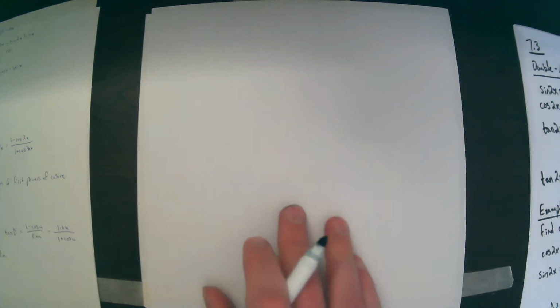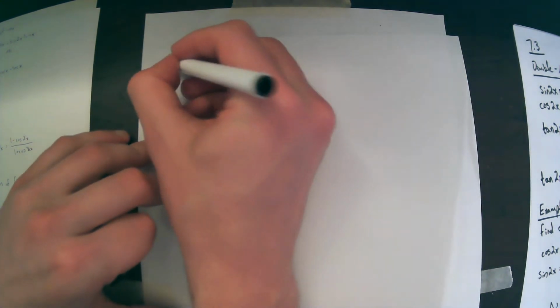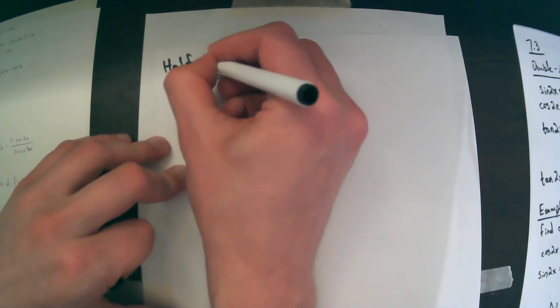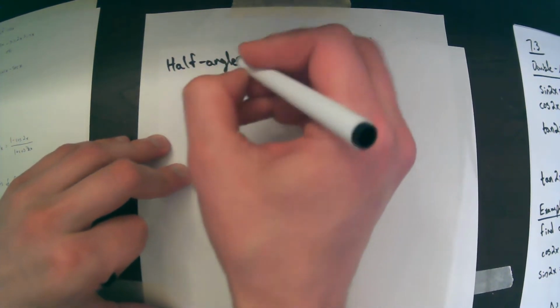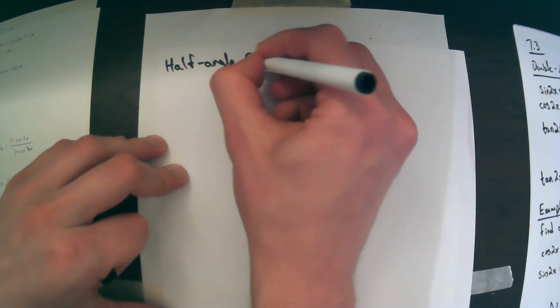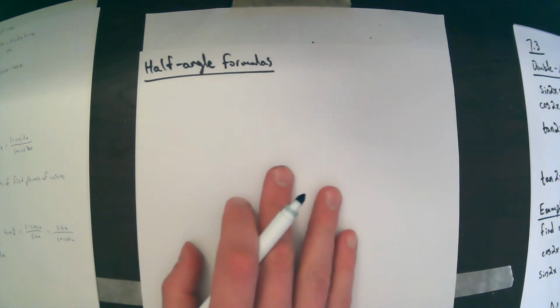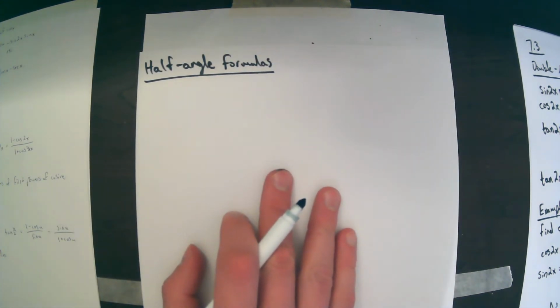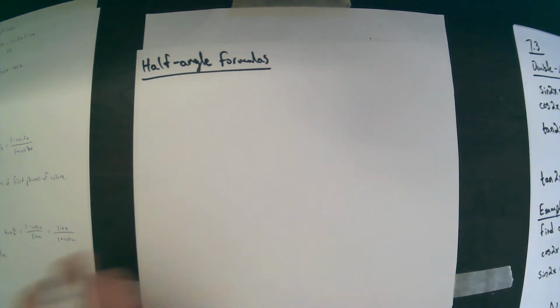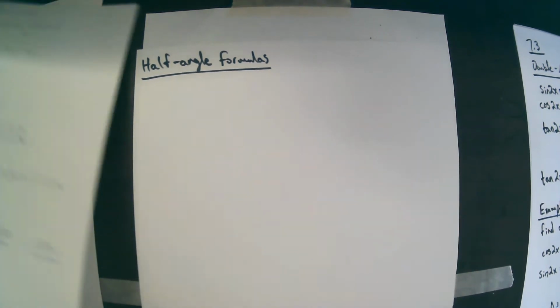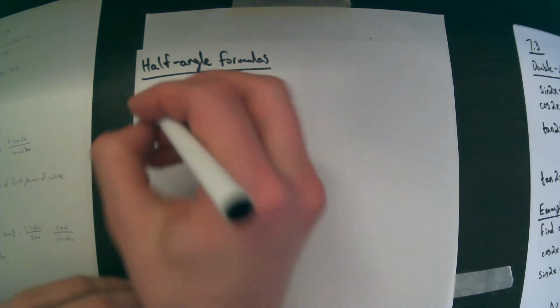Alright. Half-angle formulas. Those power-reducing formulas are important in calculus, but they're not really the focus of this section, so that's why I only did one example with them. Okay, half-angle formulas, though, are pretty important. They're a little bit weird.